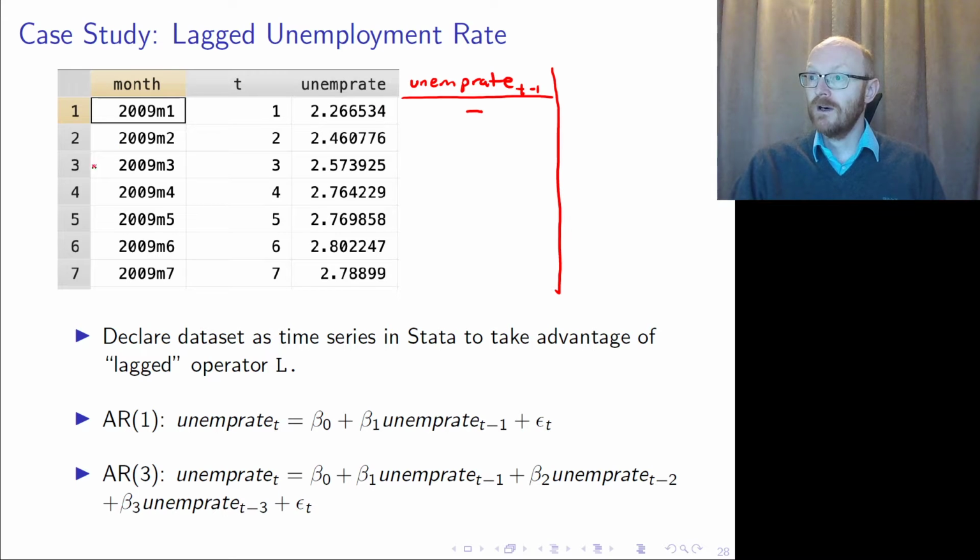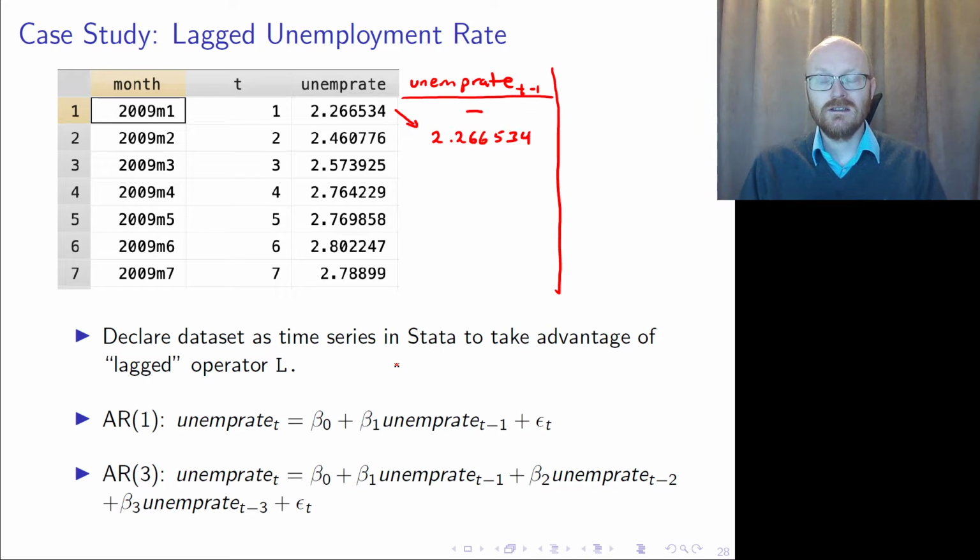But the lagged value for the second entry here, for 2009, month 2, the value for t minus 1, which is the previous month, we have that here. It's month 1. So this goes down here and gives us 2.2666534.